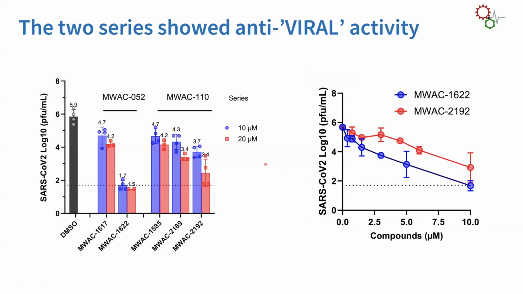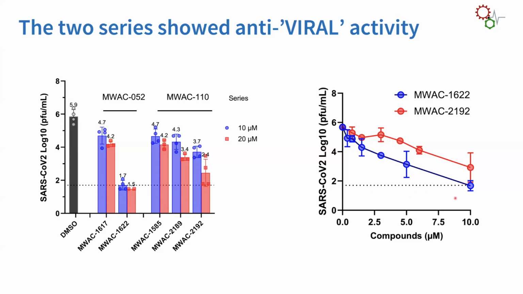Not only for EC50, we also measured their efficacy at 2 different concentrations, 10 and 20 micromolar. As you can see here, 1622 stood out, because even at 10 micromolar we see almost no virus replication. Out of the 110 series, we found 2192 shows really good antiviral activity in the titer reduction assay.